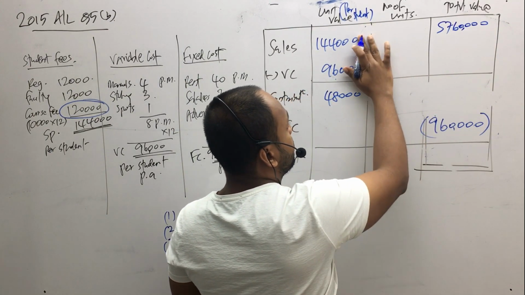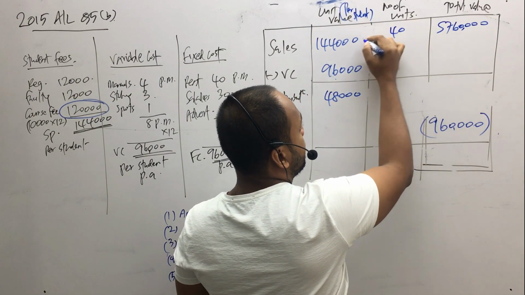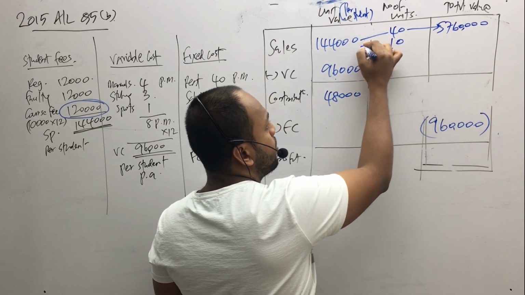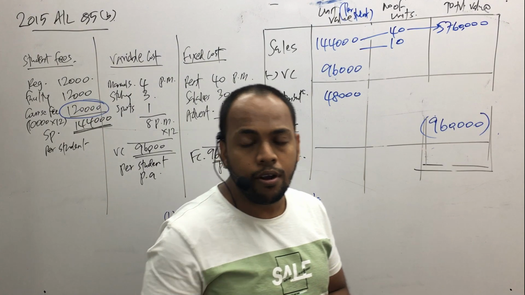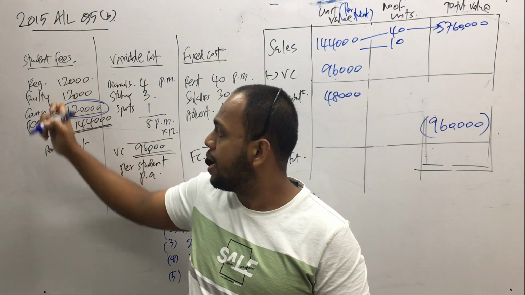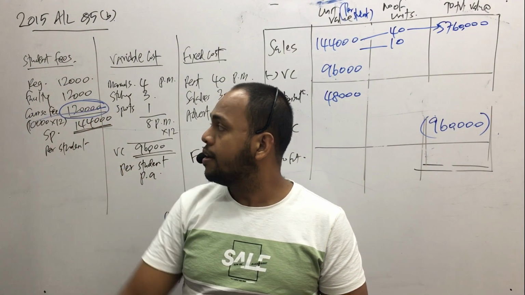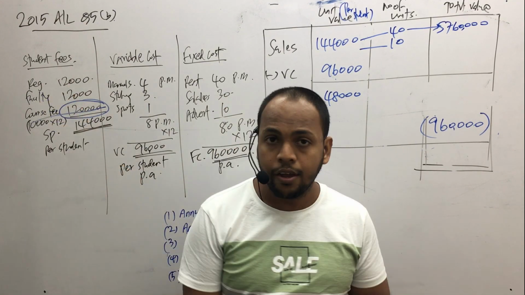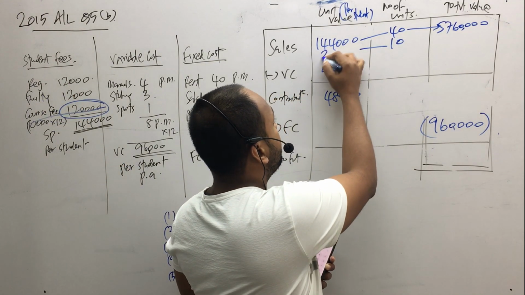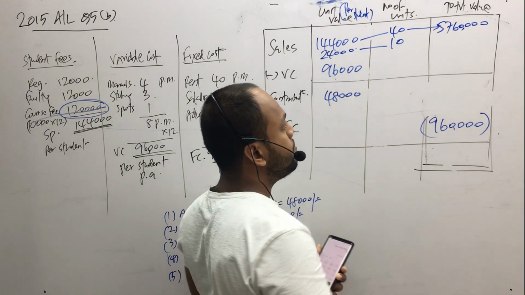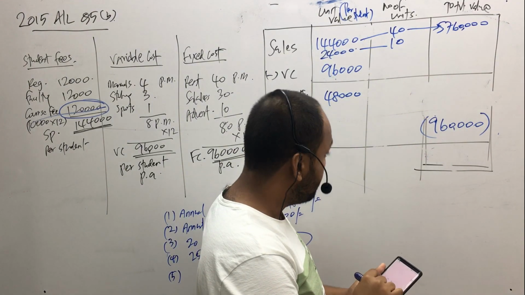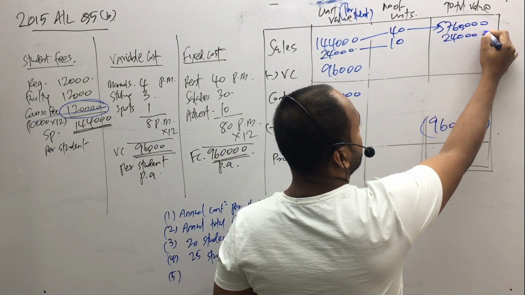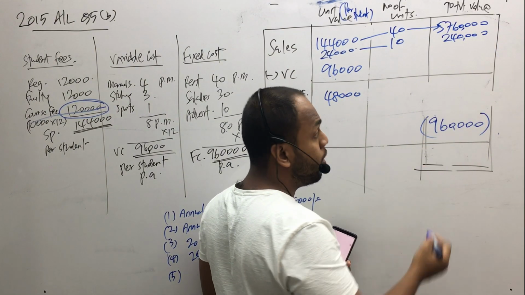Right? 40 students. And another 10 students, they will pay only the registration and facility. They won't pay the course fee. Then how much will they pay? 24,000. So the income from them is 240,000.